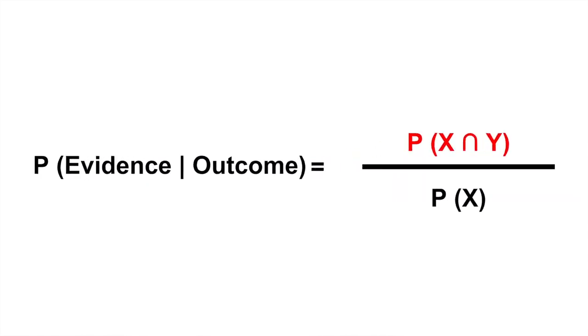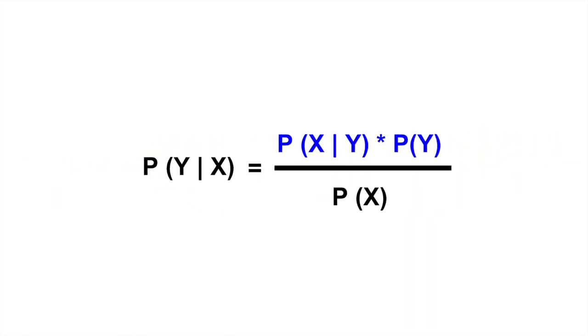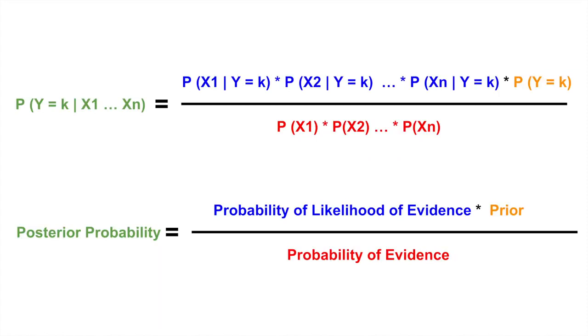P(y|x) is when the classifier knows the outcome and is trying to figure out the evidence, which is predicted for testing data. And the overall formula can then be transferred to be written like this. The Bayes rule is a formula to find the probability of y when x is known.